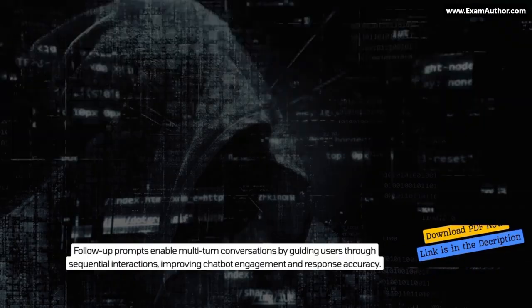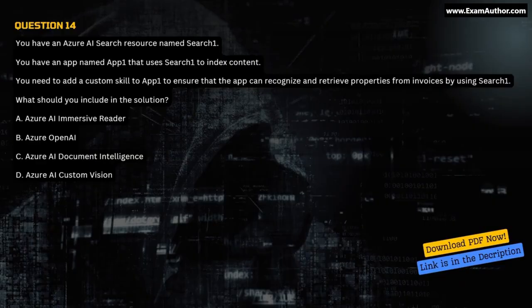accuracy. Question 14. You have an Azure AI search resource named Search1. You have an app named App1 that uses Search1 to index content. You need to add a custom skill to App1 to ensure that the app can recognize and retrieve properties from invoices by using Search1. What should you include in the solution? A. Azure AI Immersive Reader.